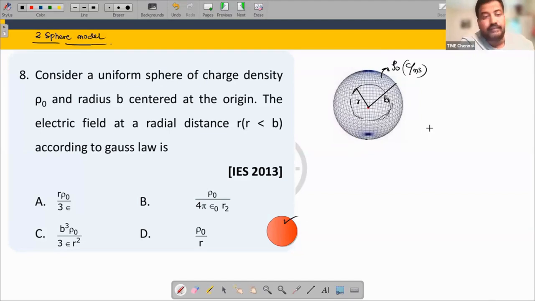And I want to find the electric field at this radial distance r, where r is less than b, by using Gauss law.